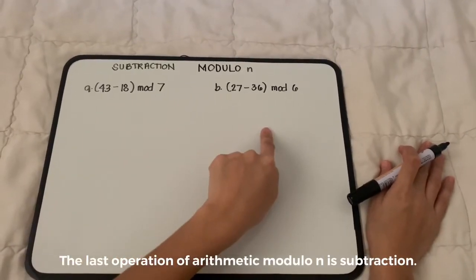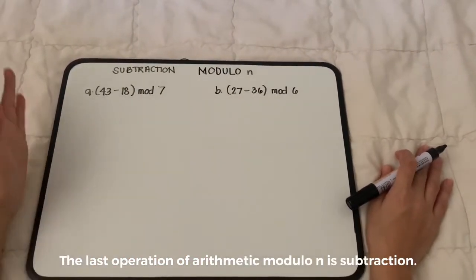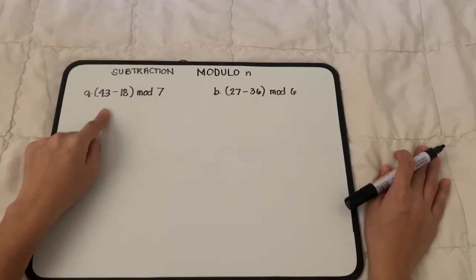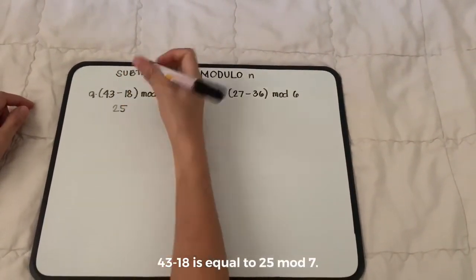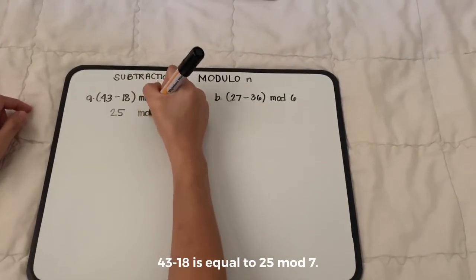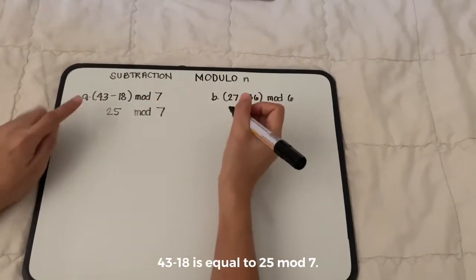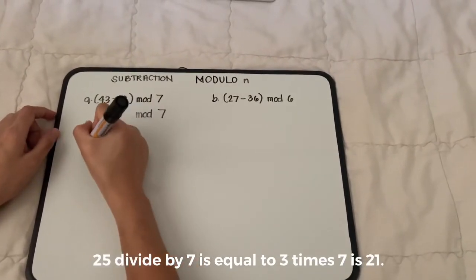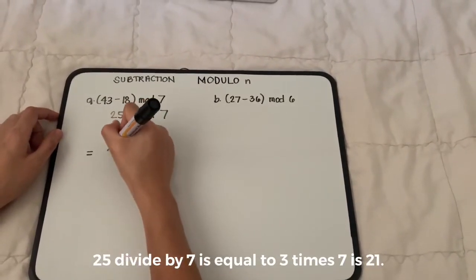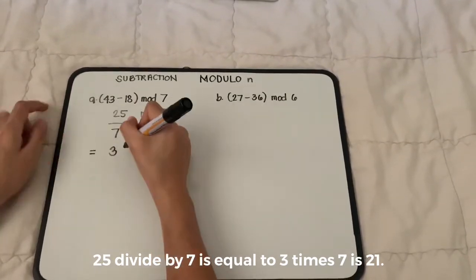The last operation of modulo n is subtraction. We have another two examples. So 43 minus 18 is equal to 25 mod 7. 25 divided by 7 is equal to 3.